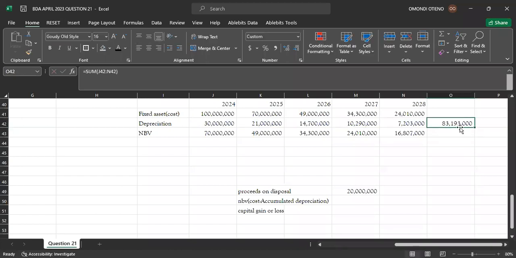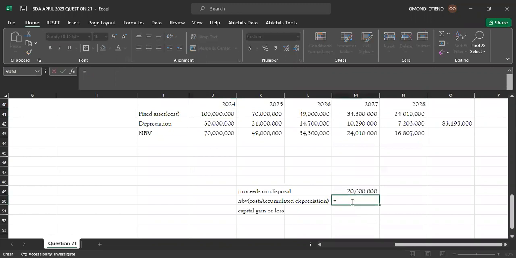We have 193,000. But then the cost of the asset at this stage was equivalent to 100.